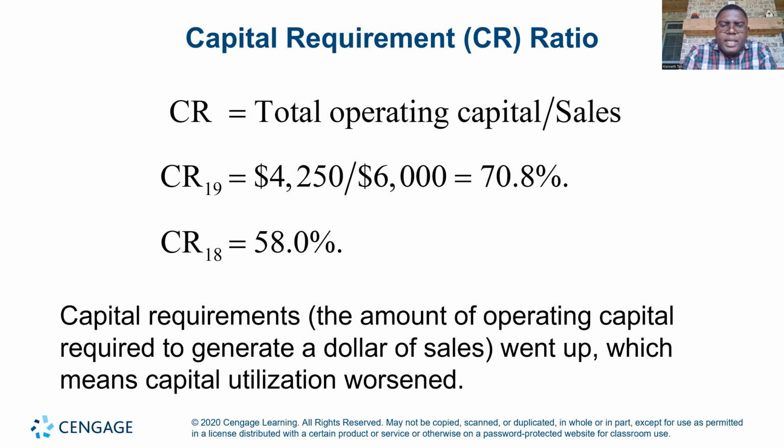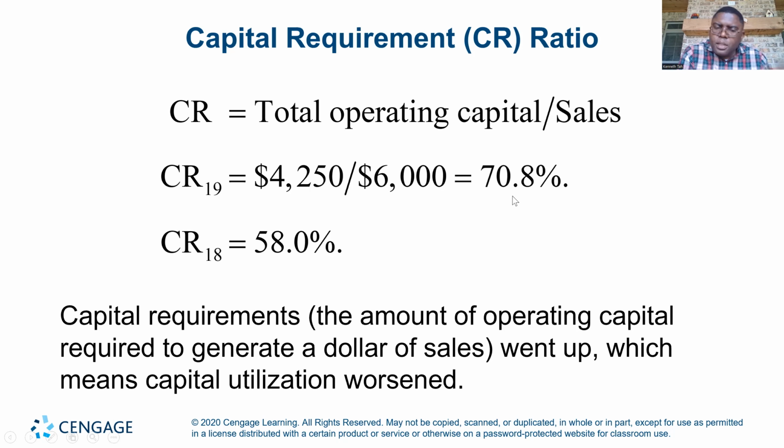So it is total operating capital divided by sales. If we go back to one of the items of free cash flow, we calculated the total operating capital for the year 2019, which is 4,250 million, divided by sales, which is 6,000 million.